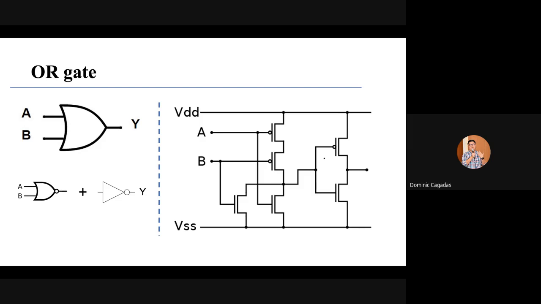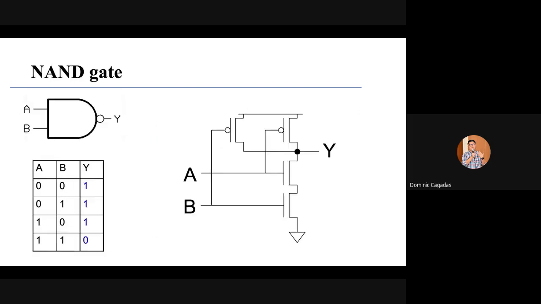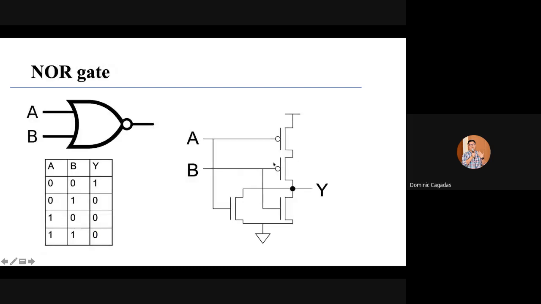Next is the NAND gate, then the NOR gate. The AND or the OR is just a derivative or a combination of your NAND and inverter. If you want to memorize, you should memorize the combination of your NAND, which is PMOS parallel on top and series NMOS. For the NOR gate, the PMOS on top is series and the bottom is parallel.